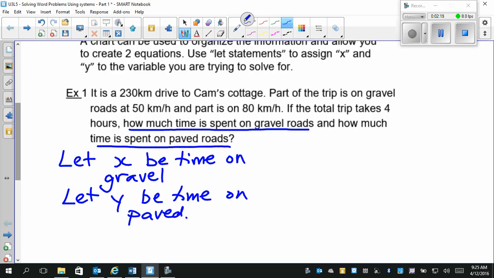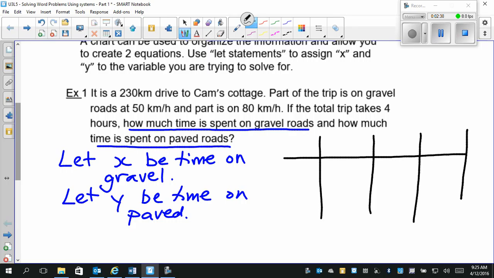All right, and then it mentioned up above setting up a table. So to set up the table, we're going to do this. When it's a distance, speed, time problem, the top of the table is going to be distance, speed, and time.